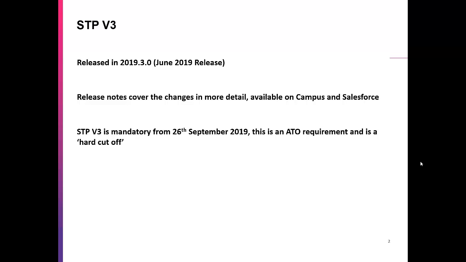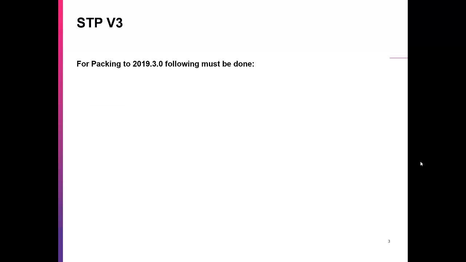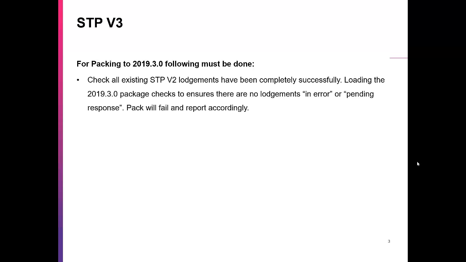But before everybody goes into panic, just to be aware of what happens around the packaging. If you haven't moved to 2019.3, the following must be done. Check all existing STP version 2 lodgements have been completed successfully.